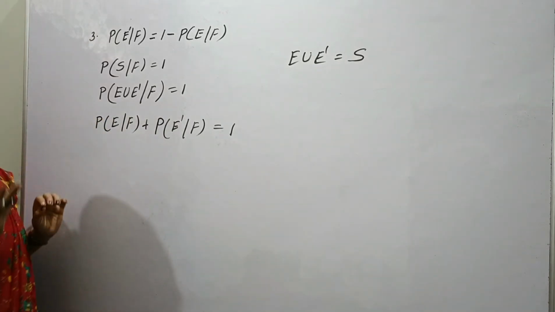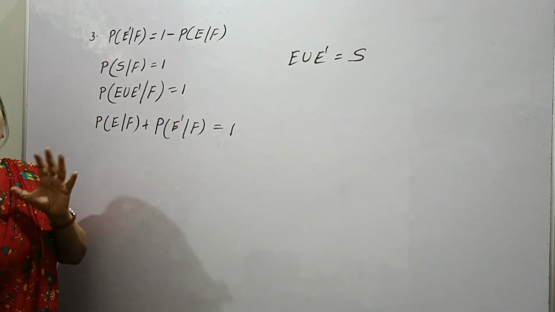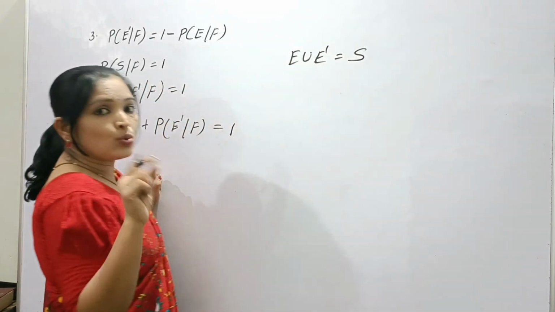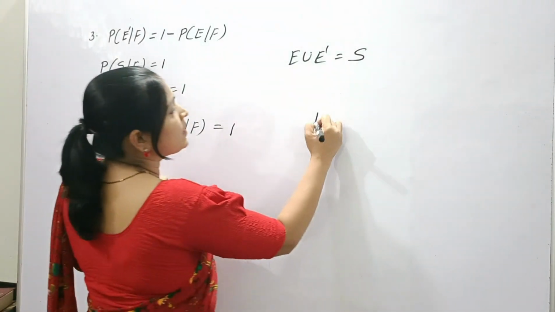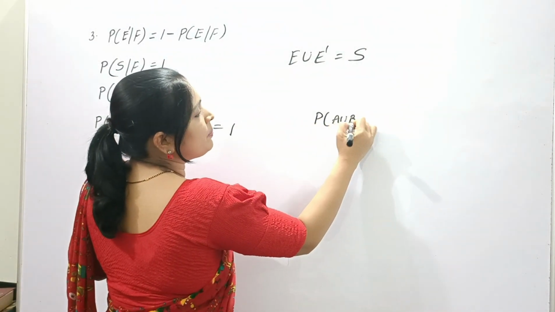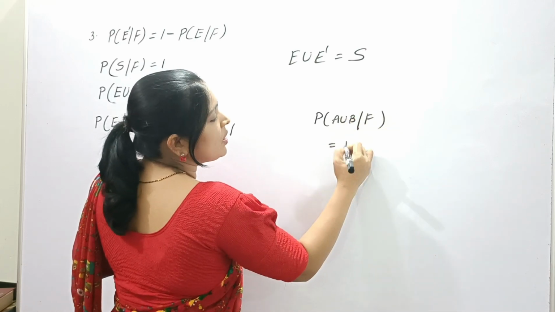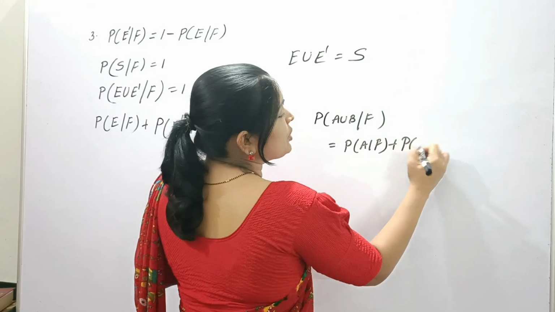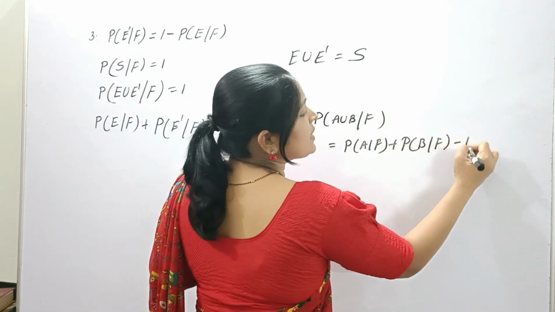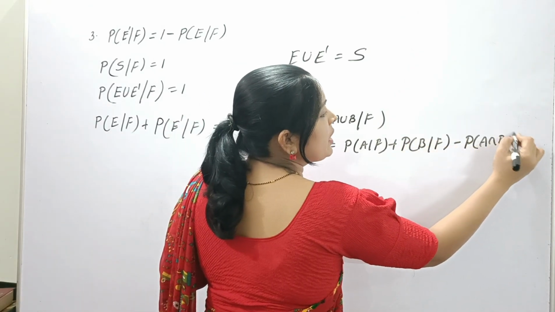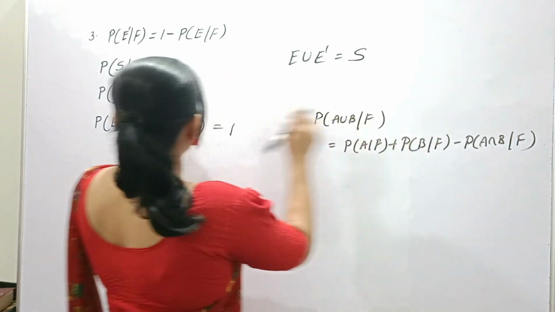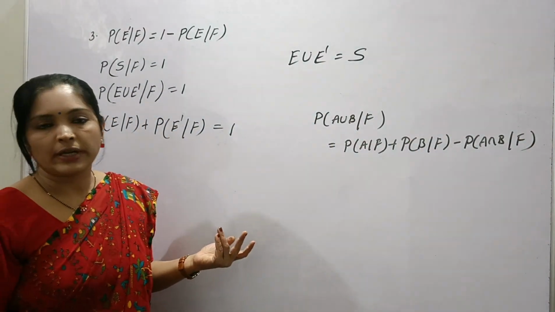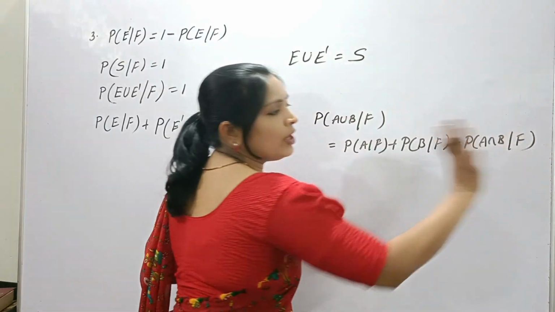What is our property 2? Property 2 says that if A and B are any two sets of the sample space, then probability of A union B given F is equal to probability of A given F plus probability of B given F minus probability of A intersection B given F. But here E intersection E complement is the null set, therefore the third term will be 0.